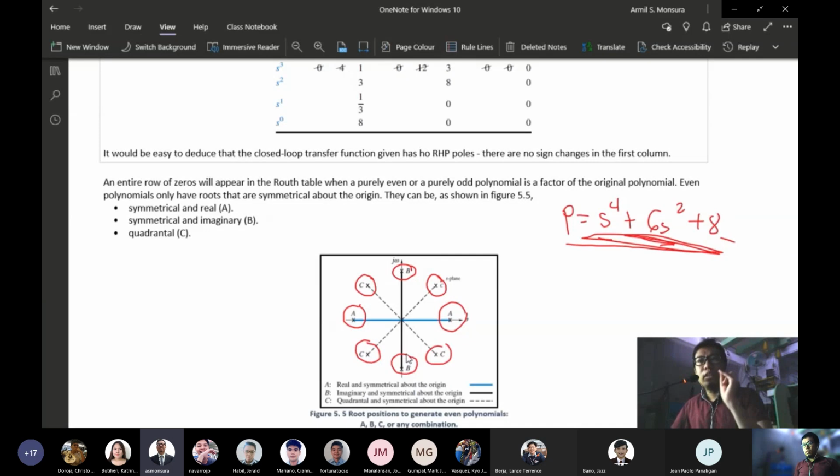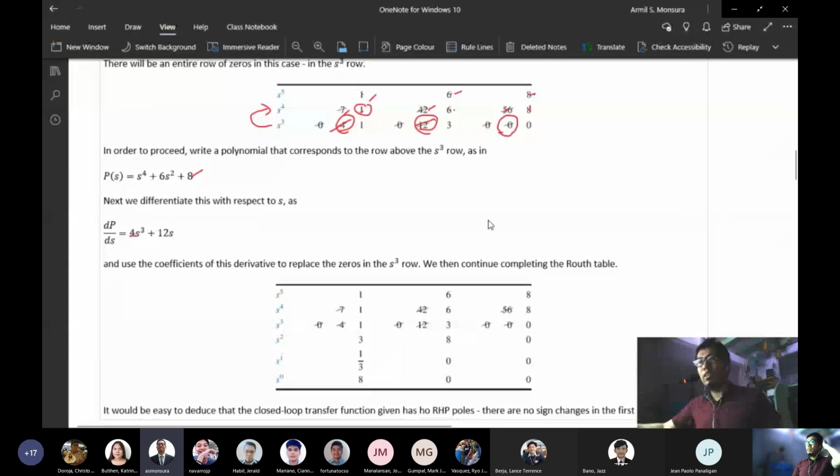Again, yung entire row of 0 of the route table is due to the fact na yung original polynomial nyo has an even polynomial factor. Okay, in fact, sa case na to, ito na actually yung pinaka-even polynomial factor niya. Yan na yun mismo. Okay. So yung other niyan, meron pang isang factor yan in which that would correspond dun sa other factor natin.